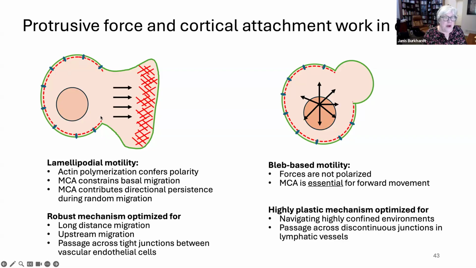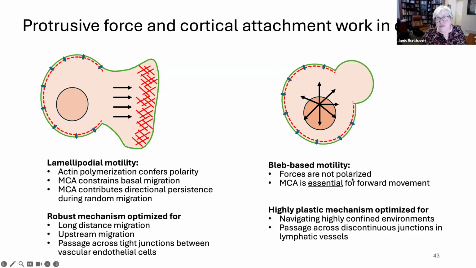If anything, you've taken the brakes off the system. So the membrane cortex attachment constrains the basal migration and gives these cells directional persistence when they're migrating randomly. If you give them a chemotactic signal, they're just as good as the wild type cells. And as I've mentioned, this mode of motility is really good for going long distances and crossing certain kinds of challenges like shear flow and junctional barriers.